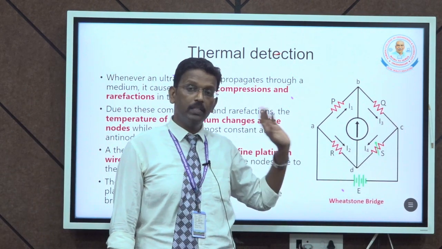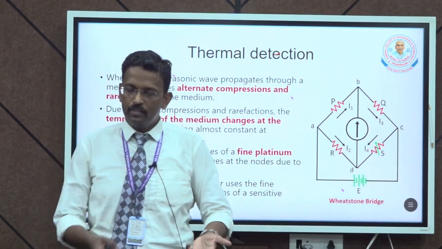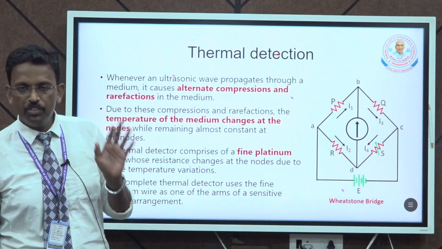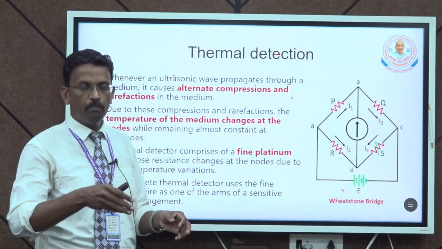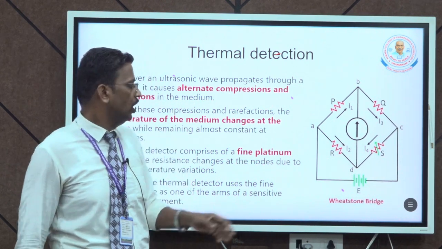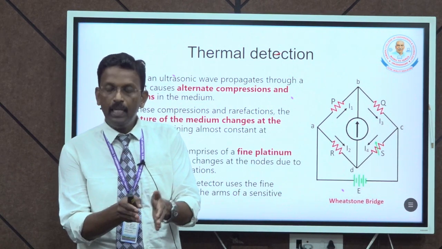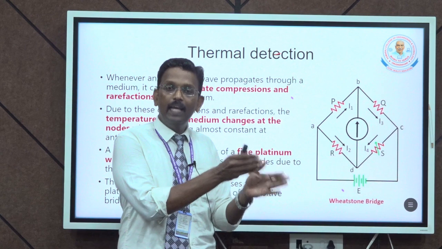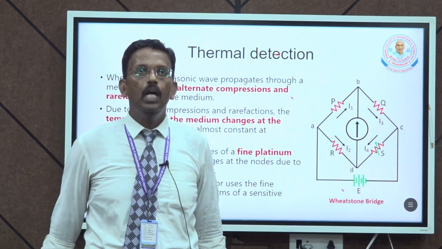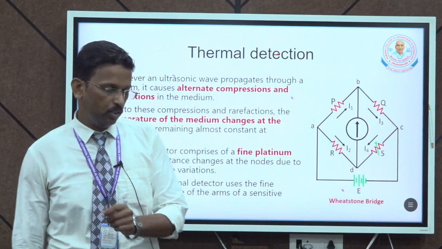When ultrasonic waves pass through the platinum wire, what happens? As we know, it forms a standing wave pattern. Due to the standing wave pattern, it forms alternate compressions and rarefactions. At the nodal plane, compression forms, and that compression increases the temperature in this area. So at a nodal plane the temperature is raised.